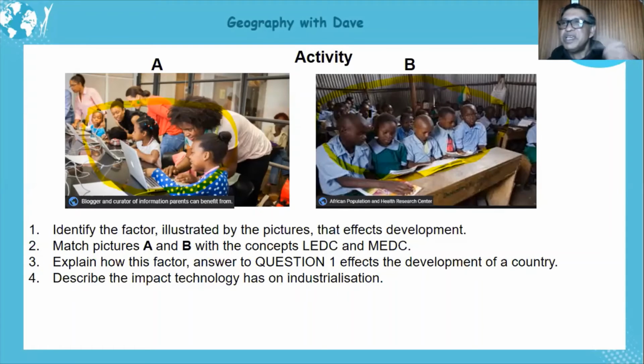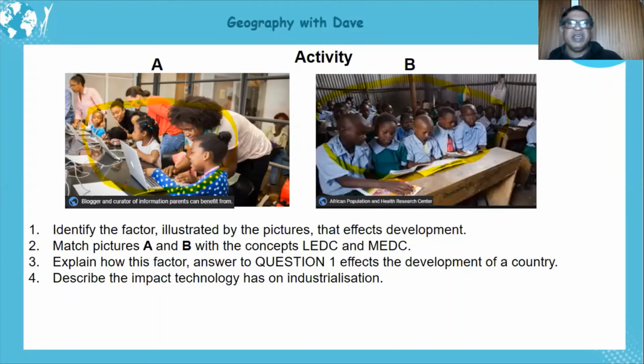Already you can start working in your mind. Remember, it doesn't mean all people in the LEDCs or the NICs will have these conditions. There will be good schools. But in terms of percentage, you will find there's a bigger percentage of this situation happening compared to the MEDCs, which hardly have these situations. In the MEDCs, most people have better facilities.